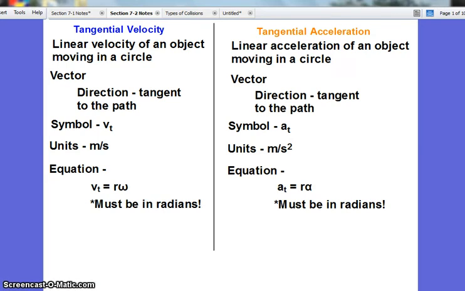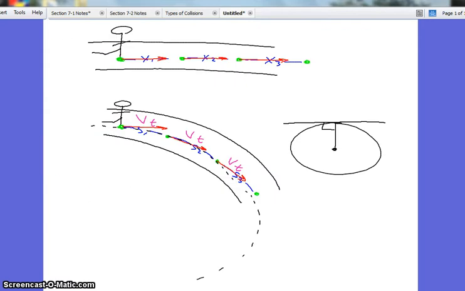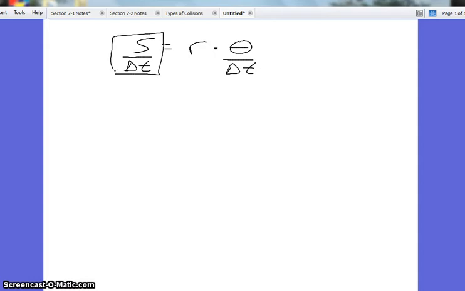The equation, we can derive this equation if we go back to our equation for arc length. And the tangential velocity was really just the distance we traveled over the time. It's distance over time. If we do this to one side, we have to do it to the other side. And we see that this here is our tangential velocity. And this here, how much angle we went through over the time it took, is our angular velocity.